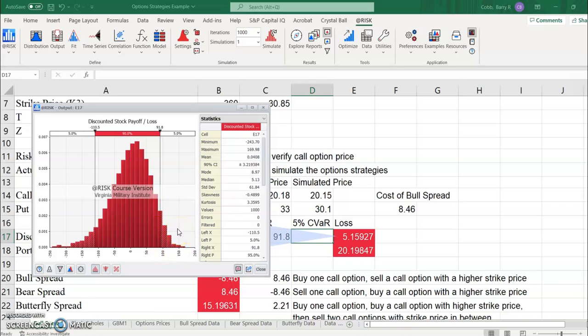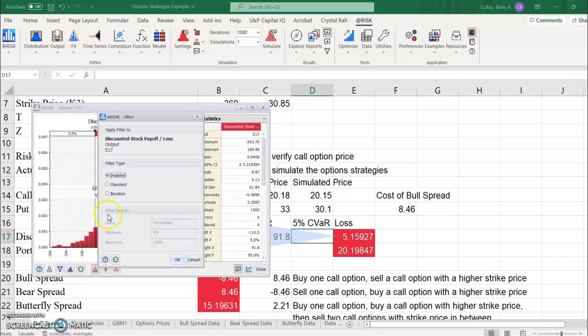And so we can do that by applying a filter. And we'll define a filter down here to the left in the output screen. And we'll do a standard filter. And basically what we want to do is just filter out the right tail of the loss distribution above the 95th percentile.